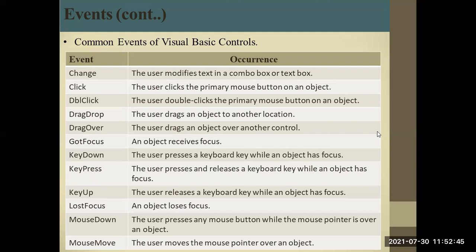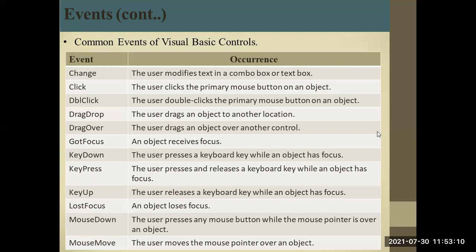Initially the got focus event will be on control one. As soon as we start using control two, the got focus event changes from control one to control two. Or we can say the event which is currently in execution mode gets the focus. That is the event called got focus.